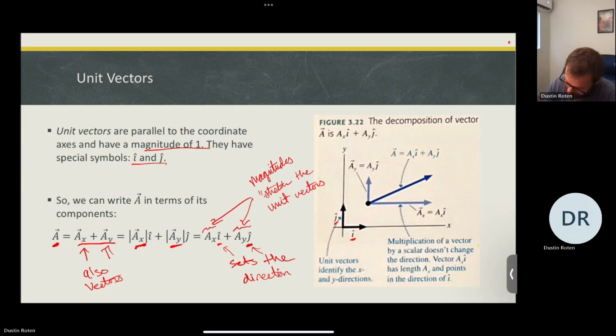So here we're just taking these vectors with length 1, but then we're going to multiply them by scalars, and that's just going to stretch them out to the length they need to be to make up each component of our big overall A vector. Remember, all of this stuff here is just for one vector A. We're just breaking it into its pieces. And you can see what's going on graphically here. So we take i and j over here.